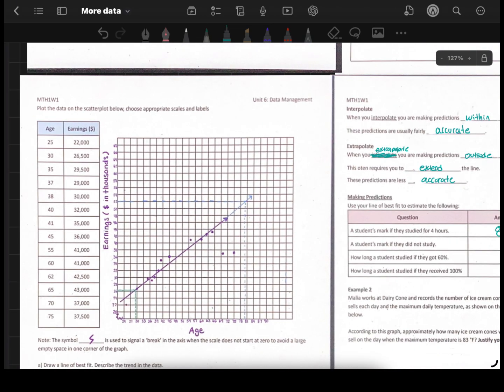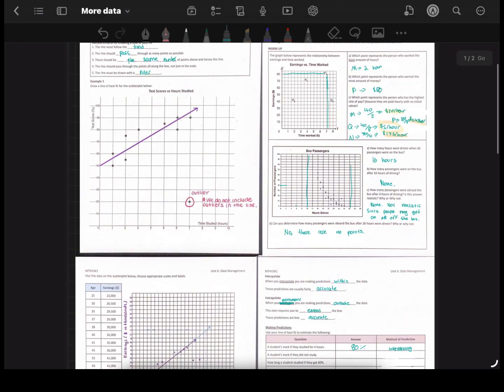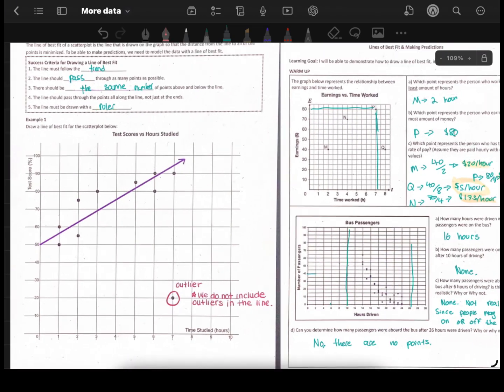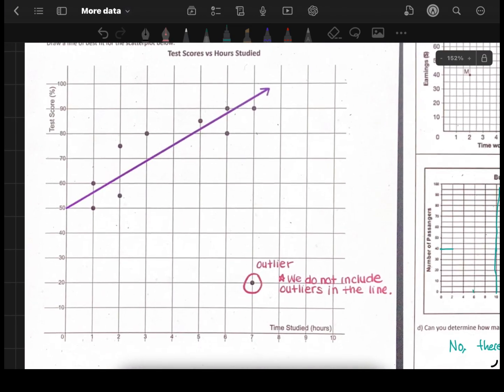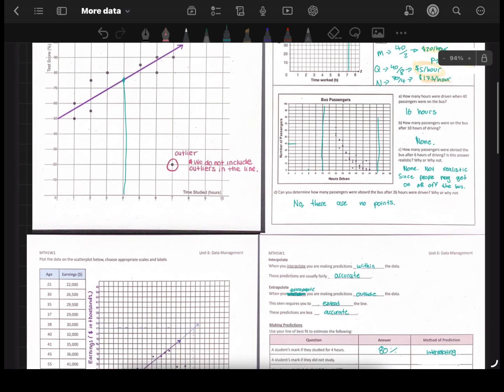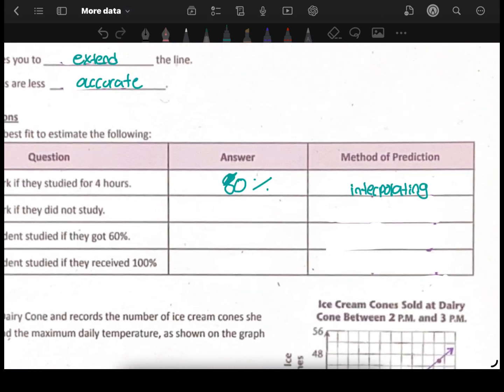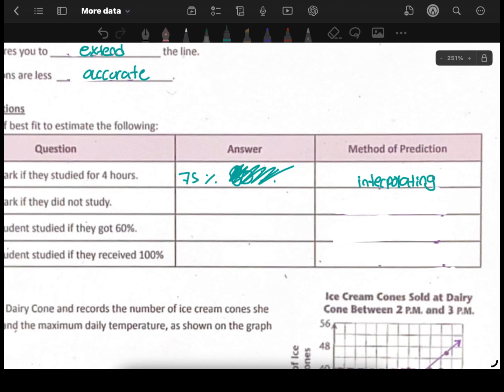This is essentially right here where we have a test score and we have our results. So if a student studied for 4 hours, they would get about a 75. That would be interpolating because we're inside it.